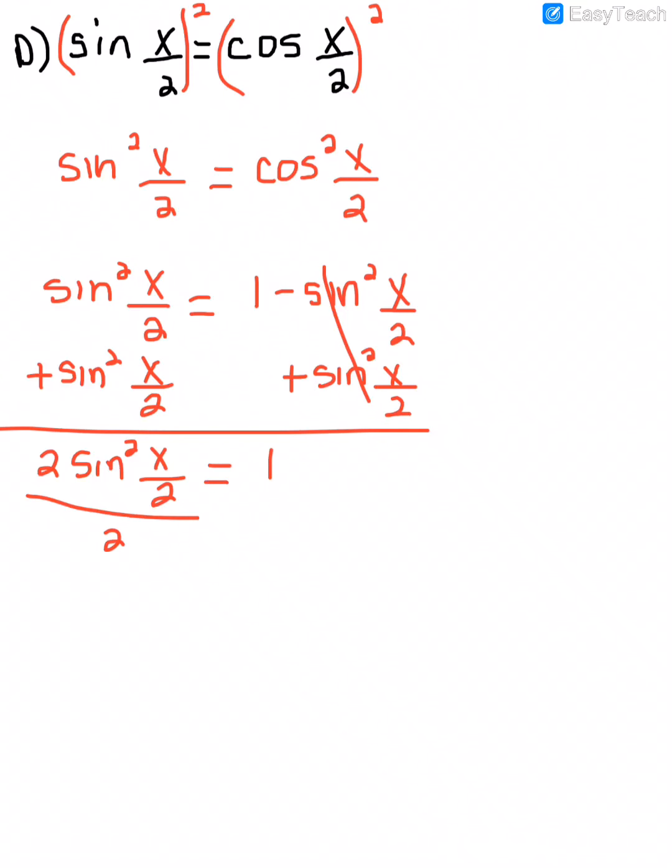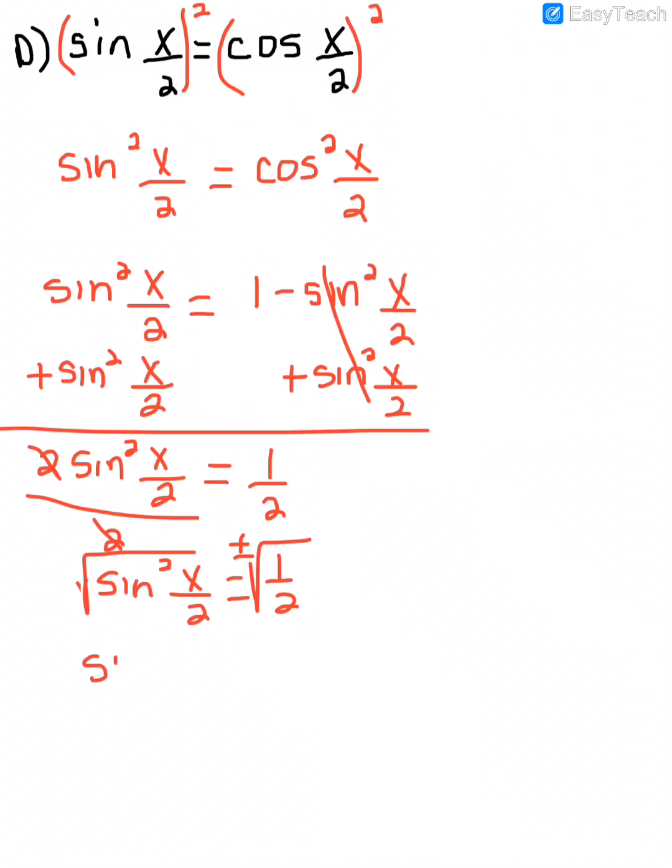And then I'm going to divide both sides by 2. So that gives me sine squared x over 2 equals 1/2. Now we need to take the square root of both sides of the equation. And remember, when we take the square root of a number, it's plus or minus.